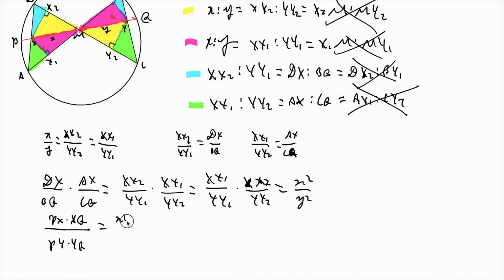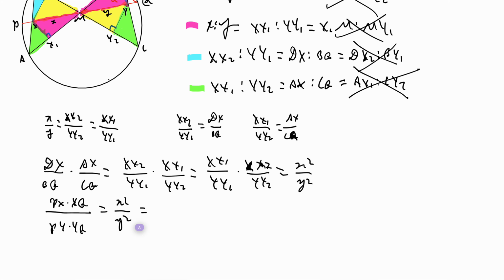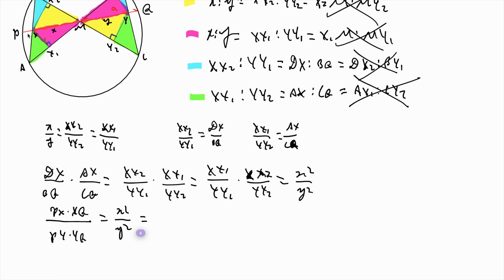This is equal to x squared over y squared. Should we write these in terms of a and x and y? Okay, so what is px? Px is a minus x. What is xq? Xq is a plus x. We have py equals a plus y, and yq equals a minus y.